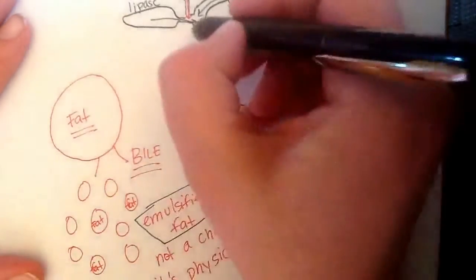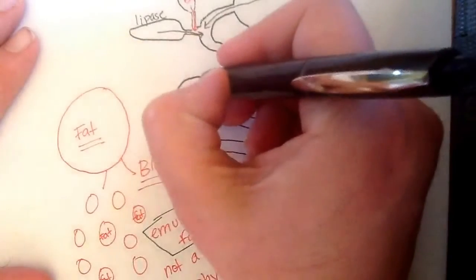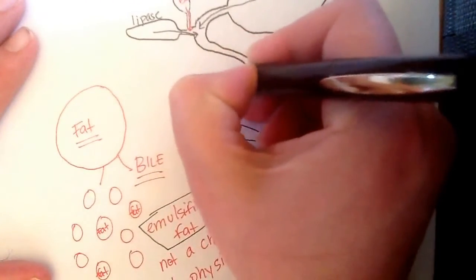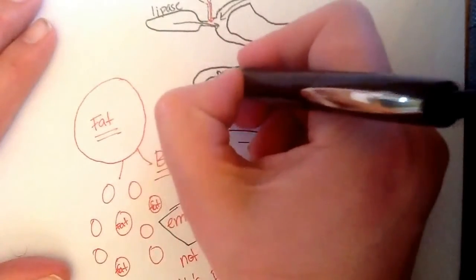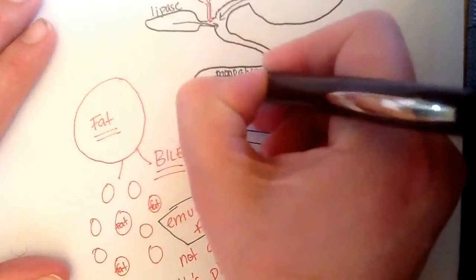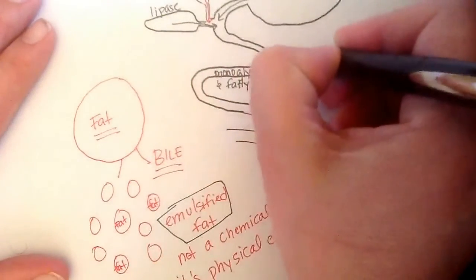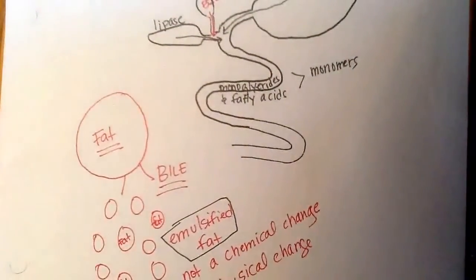And the lipase is going to break this emulsified fat down into its monomers, which are monoglycerides and fatty acids. Okay, and so here are the monomers for a lipid. Okay, monoglycerides and fatty acids.